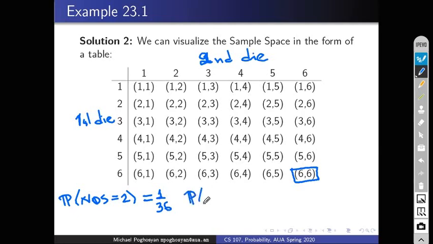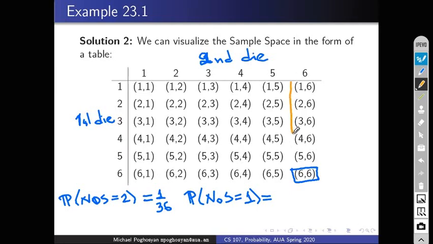And if we want to calculate the probability that number of sixes is equal to exactly 1, we can calculate in the following way. So let me take another color pencil. So we need to mark all pairs with exactly 1 six.